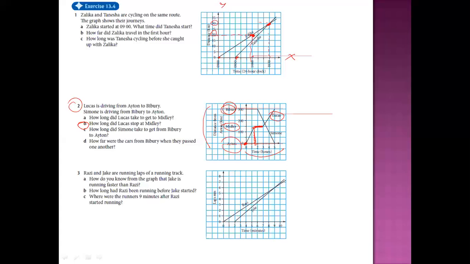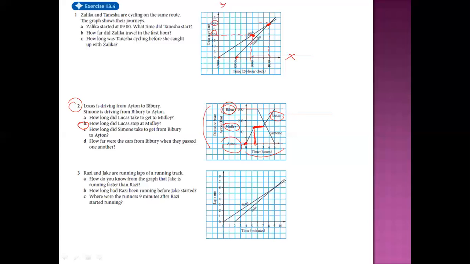He started to stop here at 1.5 and resumed at 3, so the difference from 1.5 to 3 is, of course, 1.5. Lucas stopped at Midley for 1.5 hours.